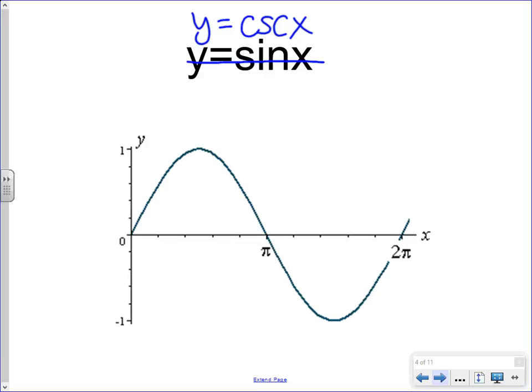With my blue marker, I'm going to draw the cosecant curve, in blue and red. So, we decided that the reciprocal of 0 was undefined, and graphically that meant we were going to have a vertical asymptote. Well, I see in this one period of y equals sine of x 3 places where the sine is 0, which means we are going to have 3 vertical asymptotes in our cosecant graph.